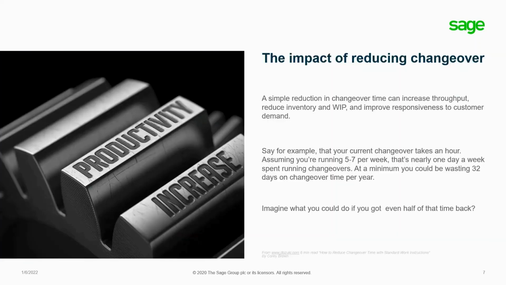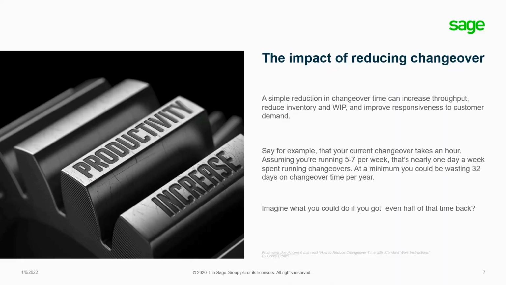When analyzed in this way, it becomes clear that managing and reducing the impact of changeover can drastically impact manufacturing productivity. So what's all the fuss? How big a deal is this reduction in changeover time? Well, a simple reduction in switchover time can increase throughput, reduce wasted time and materials, reduce inventory and work in process, improve responsiveness to customer demand, and improve customer satisfaction.